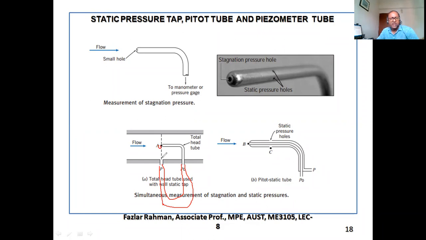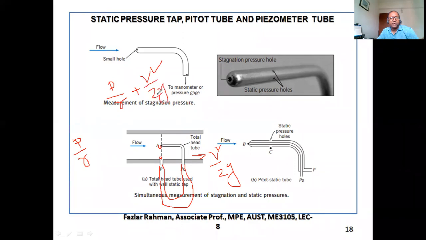So right over here, you have pressure P by gamma, static pressure, because velocity is not 0. The fluid moving along this direction has kinetic energy, V square by 2g. So the fluid right over here has two components, P by gamma plus V square by 2g.